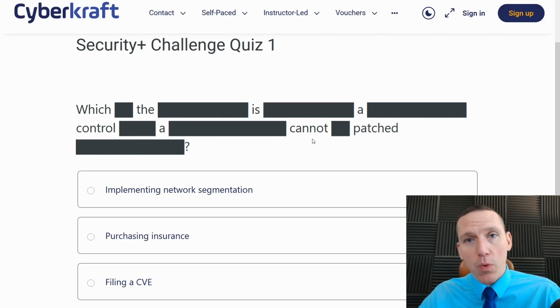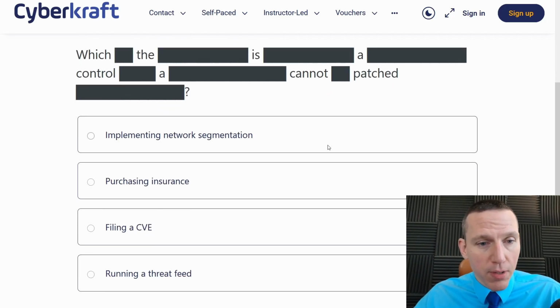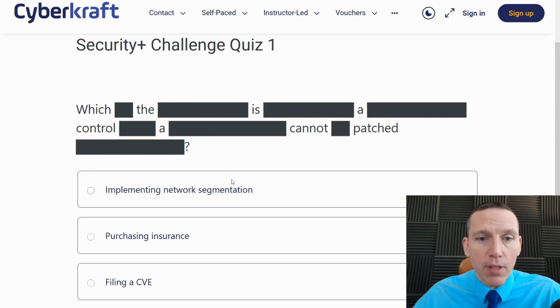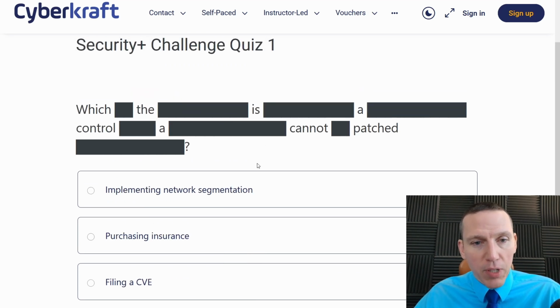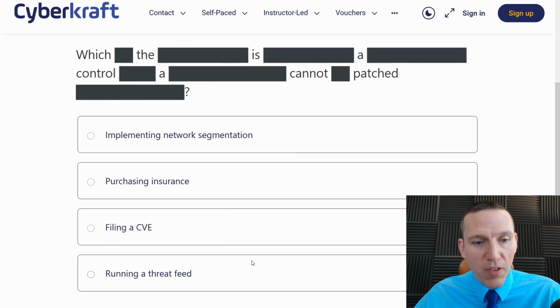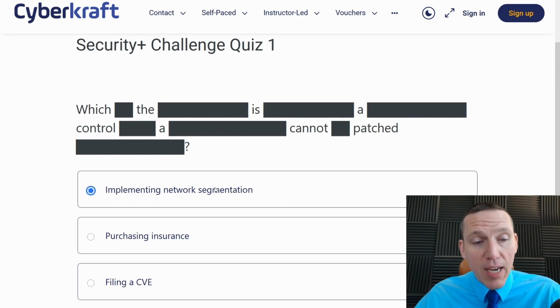You can't mitigate the risk by patching it, so we would want to maybe transfer the risk. Implementing network segmentation, that's possible. Purchasing insurance, that's a good way to transfer risk. Filing a CVE, that doesn't really help us address the vulnerability. Running a threat feed, that doesn't help us. Network segmentation makes a lot of sense if we're mitigating it.